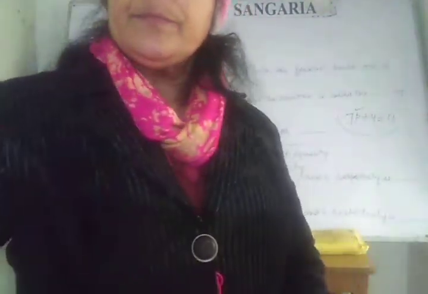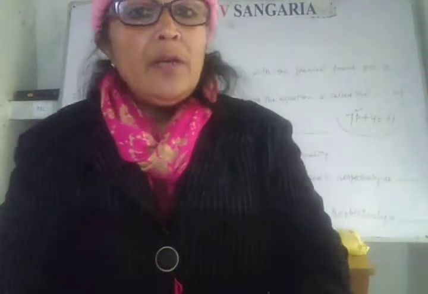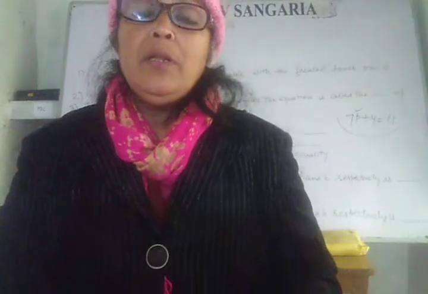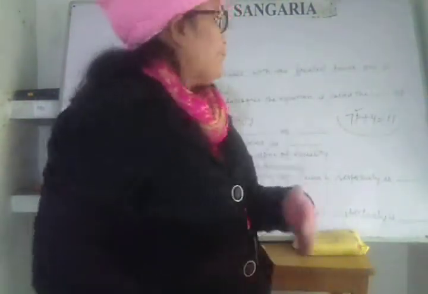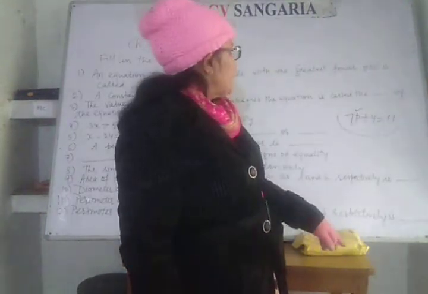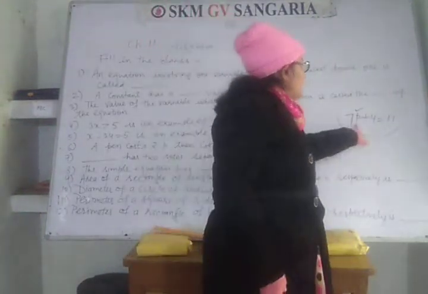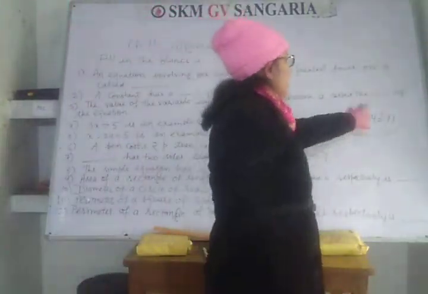Then comes the solution of an equation. We know that a variable like x, y, z, or here p, can take any value, so that the left hand side becomes equal to the right hand side.